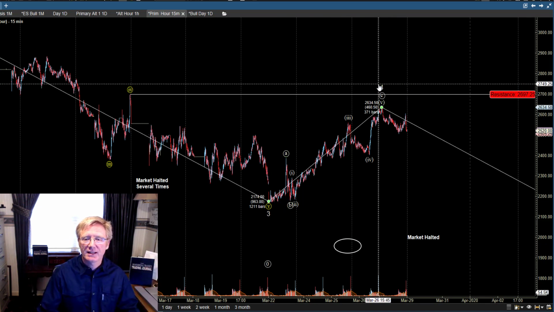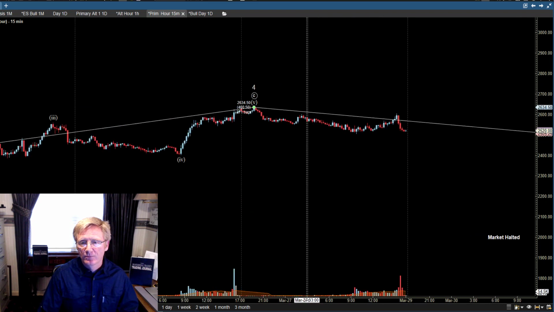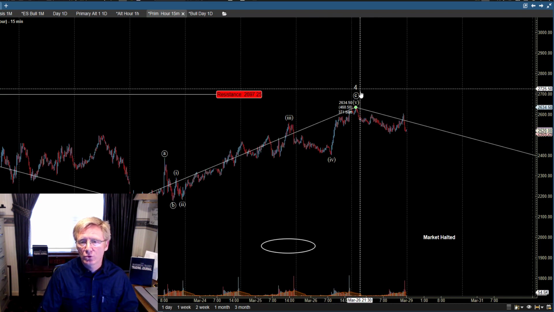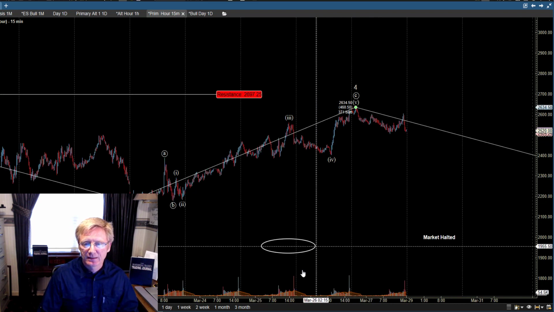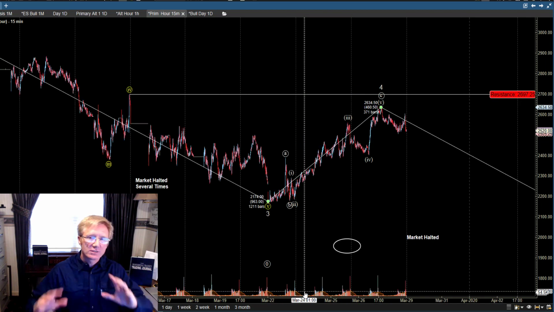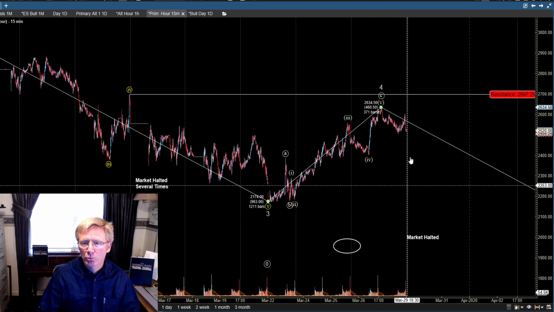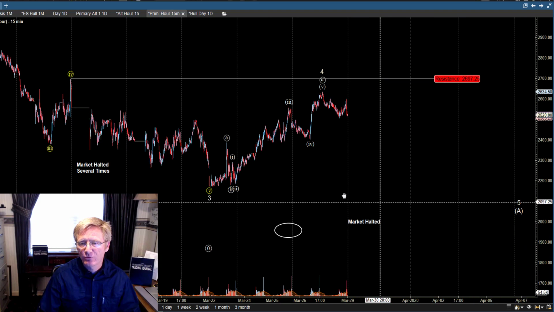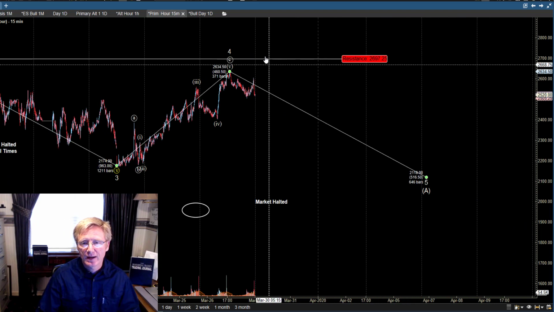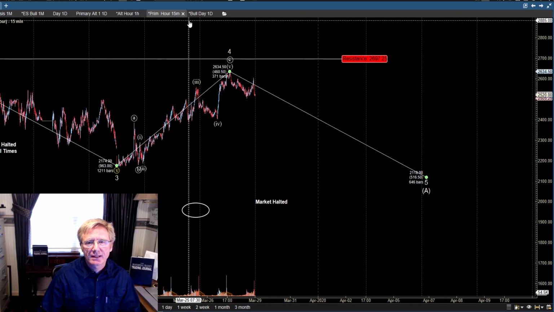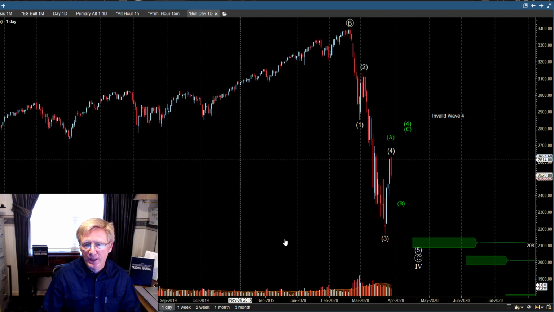I'm just trying to think outside the box of, is this really the 4th wave, or is it just wave A of wave 4? So just keep that in the back of your mind. If wave 4 is completed, we're looking for 5 waves down for wave 5. So let's take a look at the bullish count.